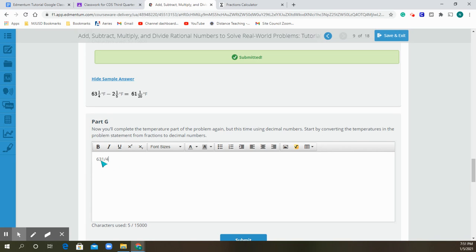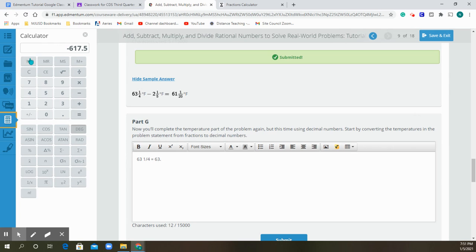I'm going to do it the quick way here. 63 and 1/4 equals, well, it's still going to be 63 point, we're going to add the decimal, and 1 divided by 4, that's the fraction.